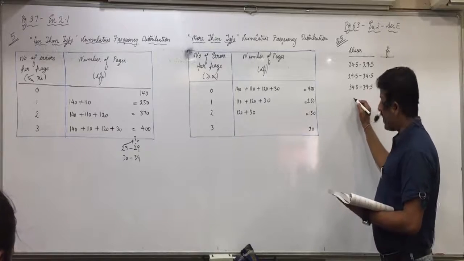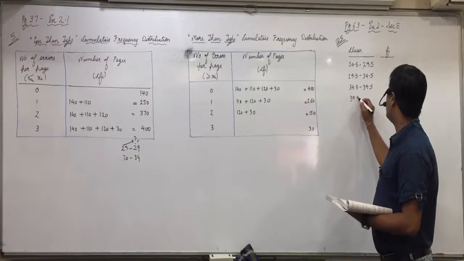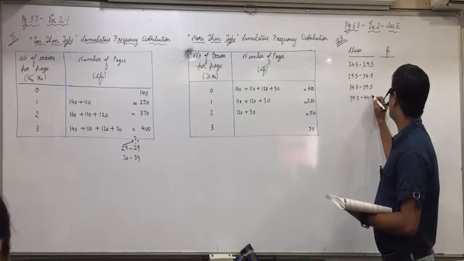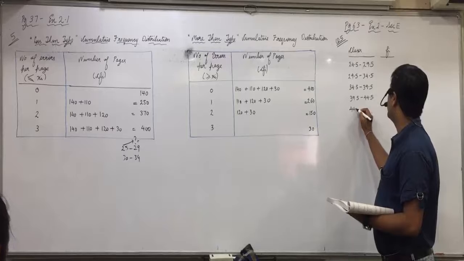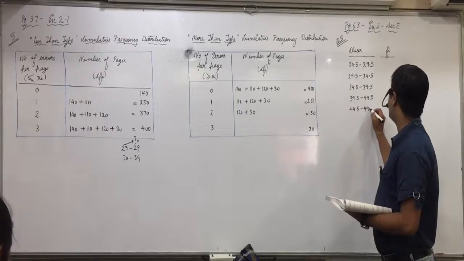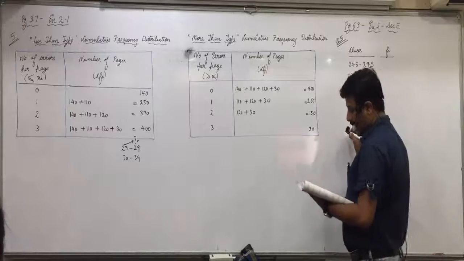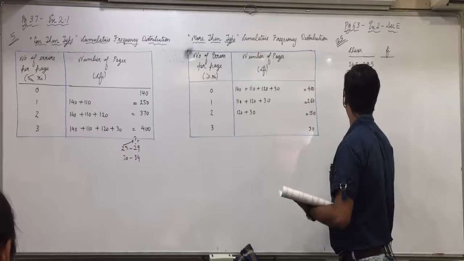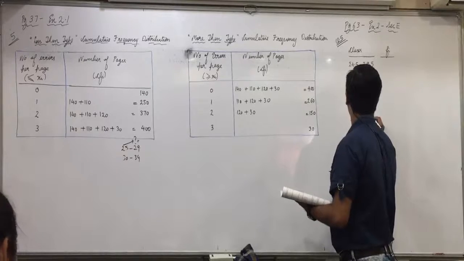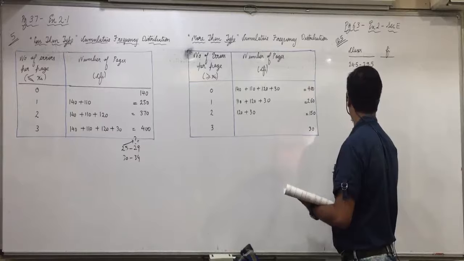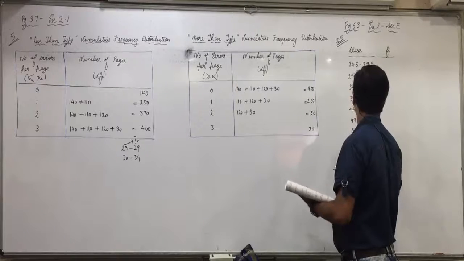Then 39.5 to 44.5. Then 44.5 to 49.5. 49.5 to 54.5. And 54.5 to 59.5.